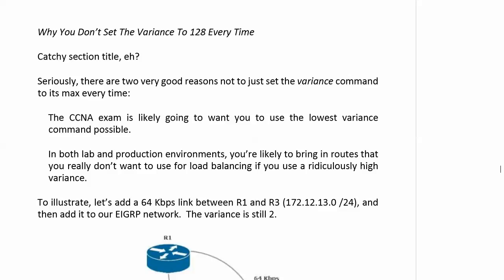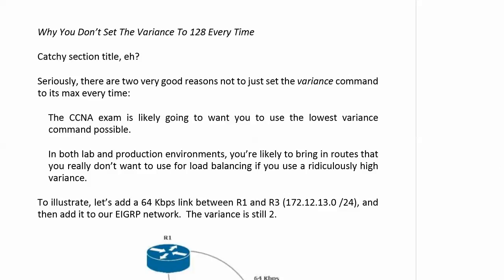That's fair enough. Also, in lab and production environments, if you just do a ridiculously high variance, then you're likely to bring in routes that maybe you don't want to use for load balancing. There is no hard and fast rule for that, but I want you to see the impact, and it's something that in a production and a lab environment I would keep an eye on.